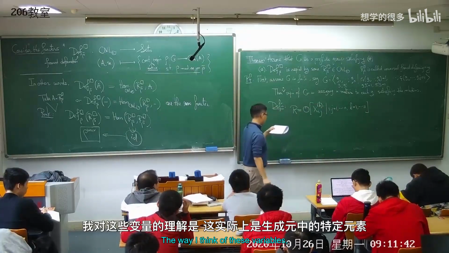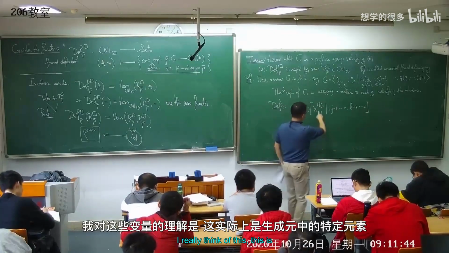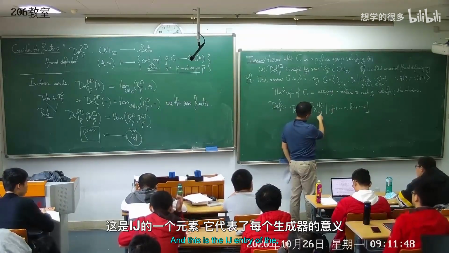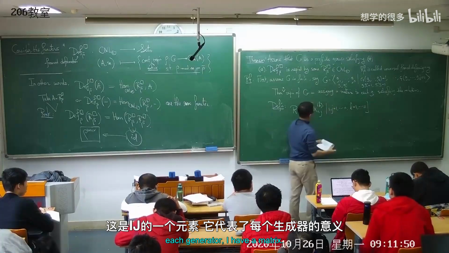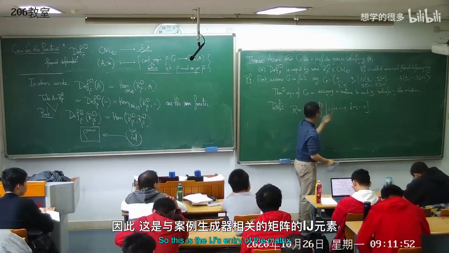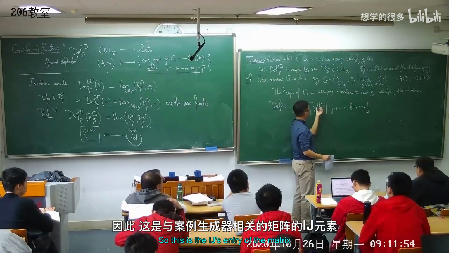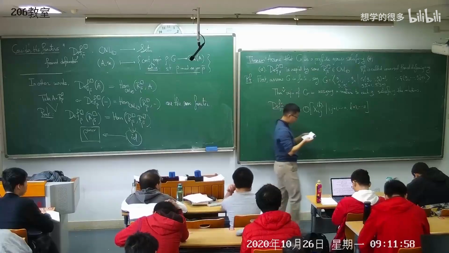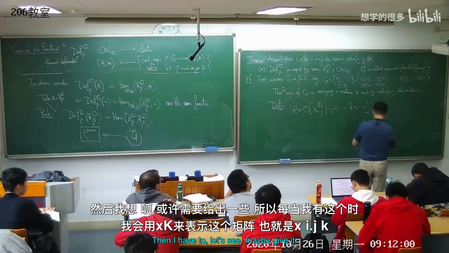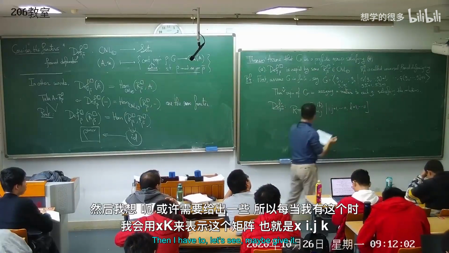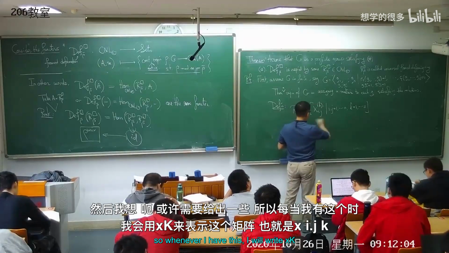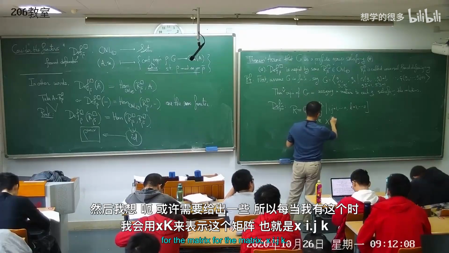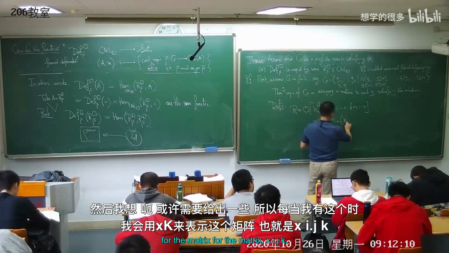The way I think of these variables, this is the kth generator, and this is the ij entry of the matrix that I have for each generator. So this is the ijth entry of the matrix associated to the kth generator. Whenever I have this, I will write x_k for the matrix x_ij^k.